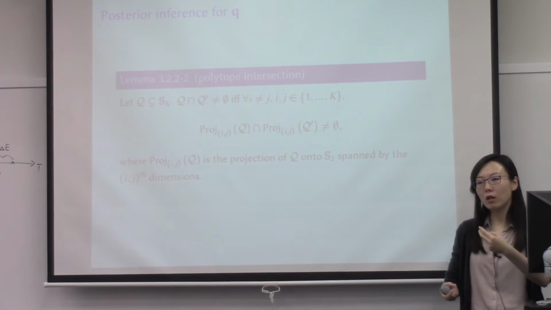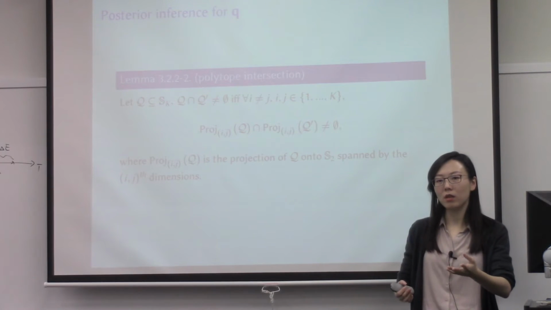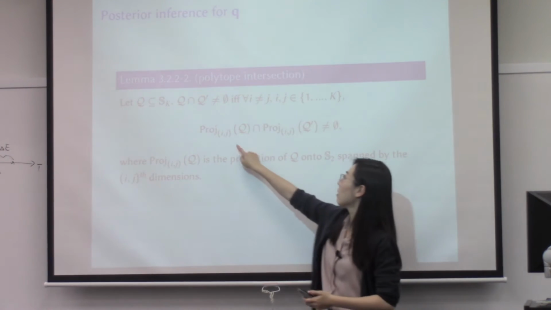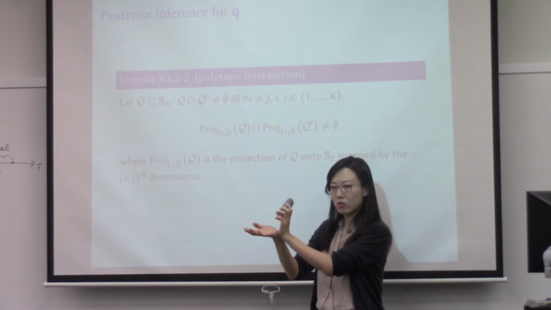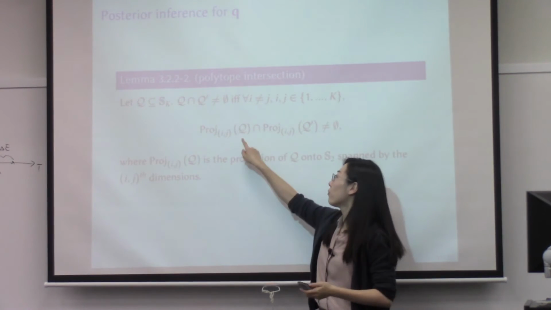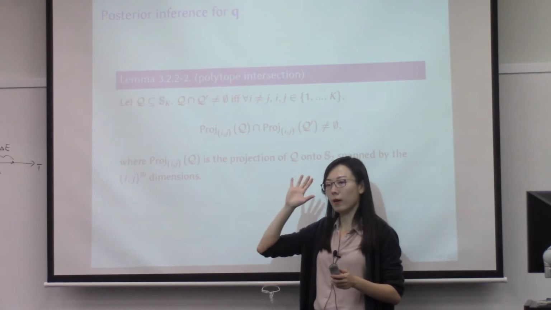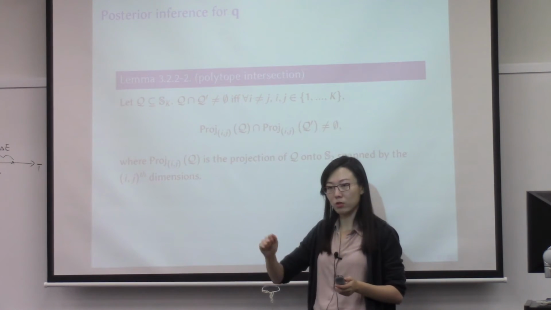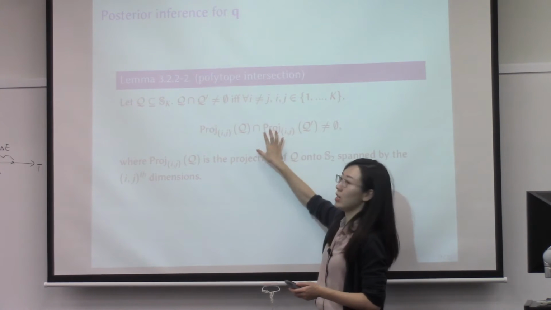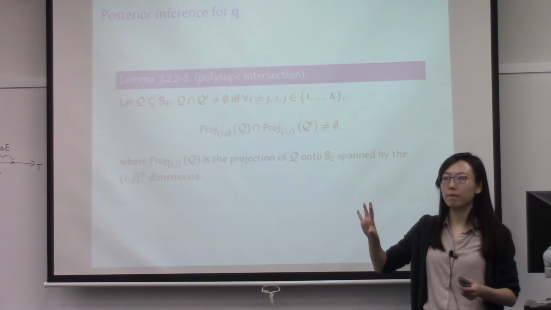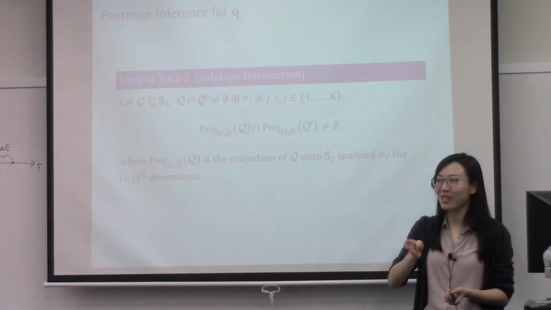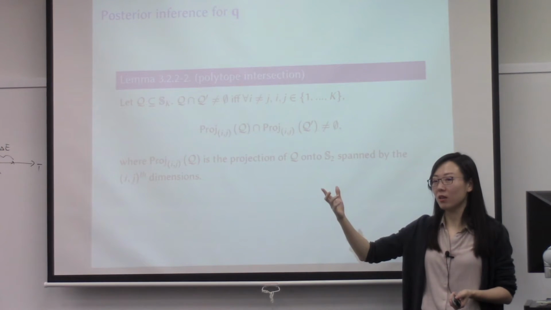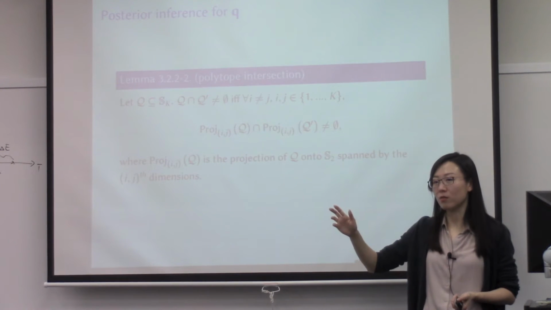That is, for all of its two-dimensional projections, and there are K choose 2 of them. Suppose I'm projecting Q onto the ith and jth dimensions, which becomes an interval. So for all of the K choose 2 two-dimensional projections, as long as all of the projections intersect, then these K-dimensional sets would intersect.